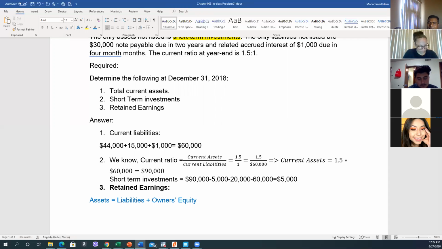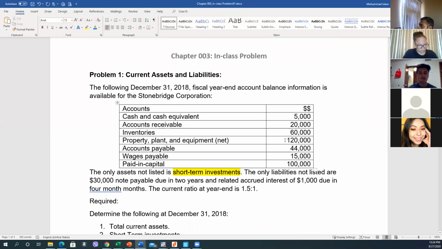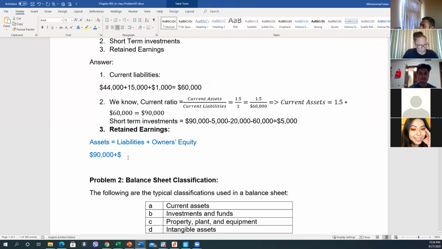Assets meaning total assets. So total assets should be current assets plus long-term assets. So we have 90,000 of current assets plus this 120,000 of property, plant and equipment, that is long-term assets. That should equal current liabilities and long-term liabilities.